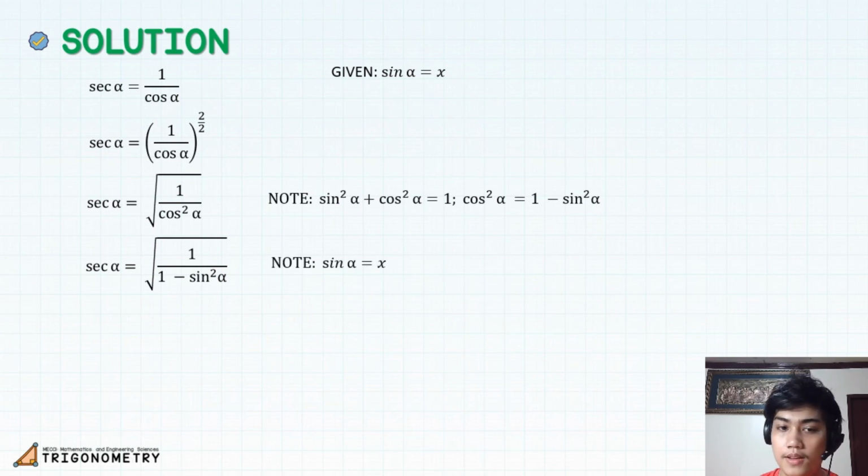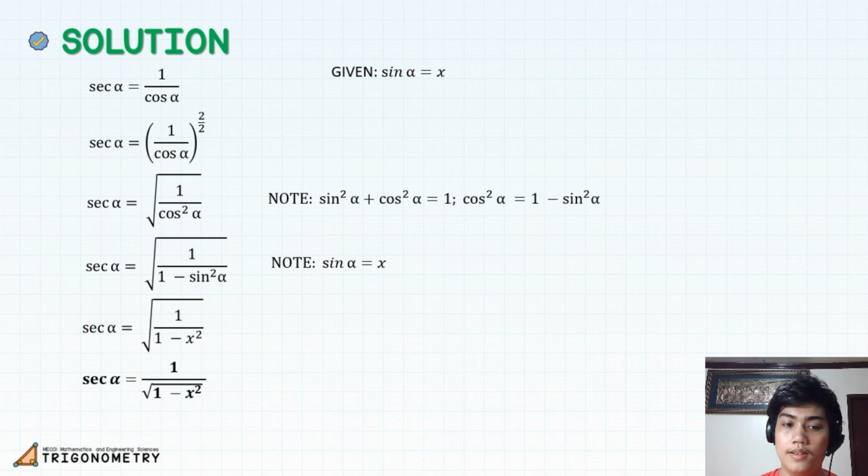From the given, sine alpha is equal to x, so sine squared alpha is equal to x squared. Substituting that, secant alpha is equal to the square root of 1 over 1 minus x squared. If we simplify that, secant of alpha is equal to 1 divided by the square root of 1 minus x squared. That is all. Thank you very much.